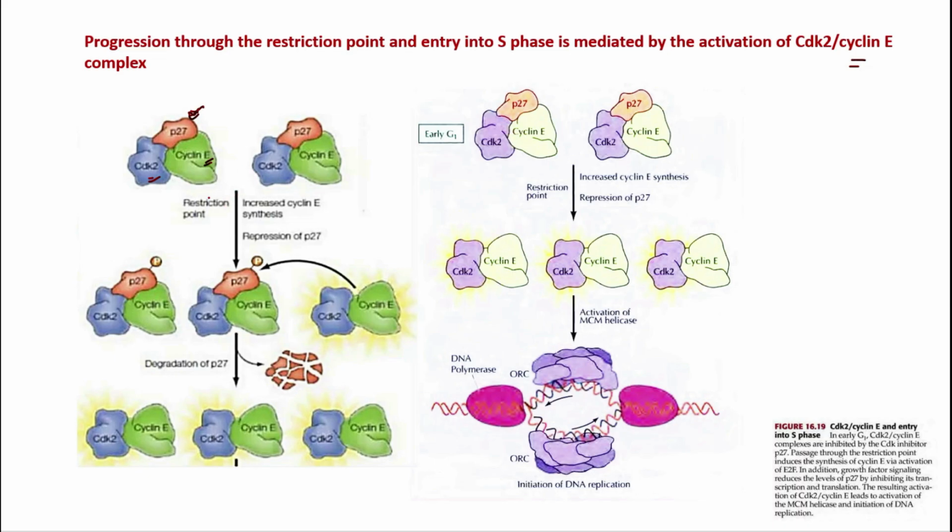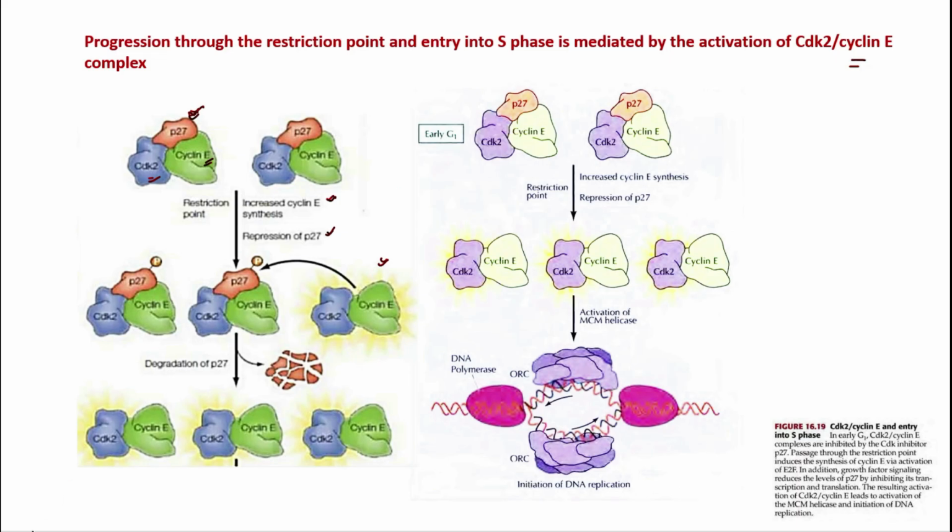We can say that during the restriction point, P27 blocks the MPF from working. So when there is synthesis of cyclin E, there is repression of P27. Cyclin E helps in the phosphorylation of P27, due to which there is degradation of P27. Now CDK2 and cyclin E are free, so they activate all the things required in the S phase transition.